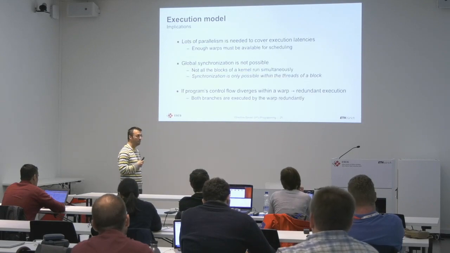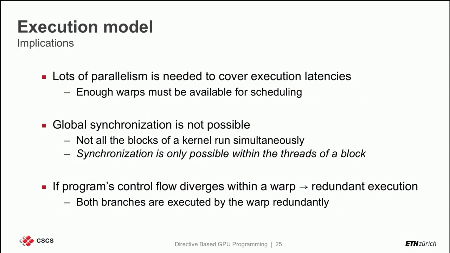So what are the implications of this memory model? One was what we've said about divergent warps: we have redundant execution.